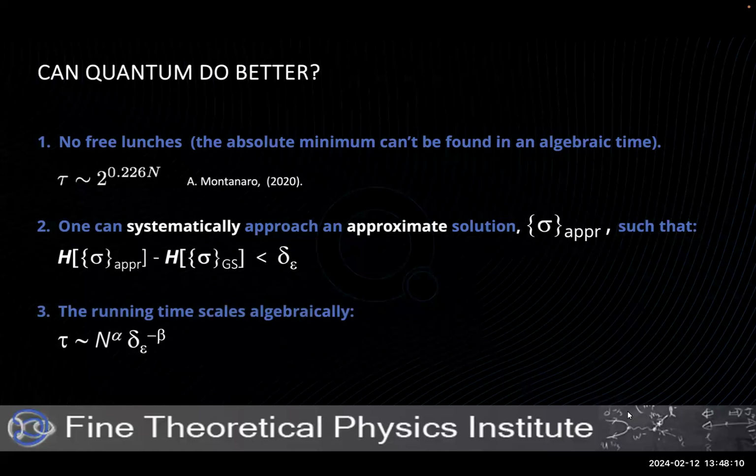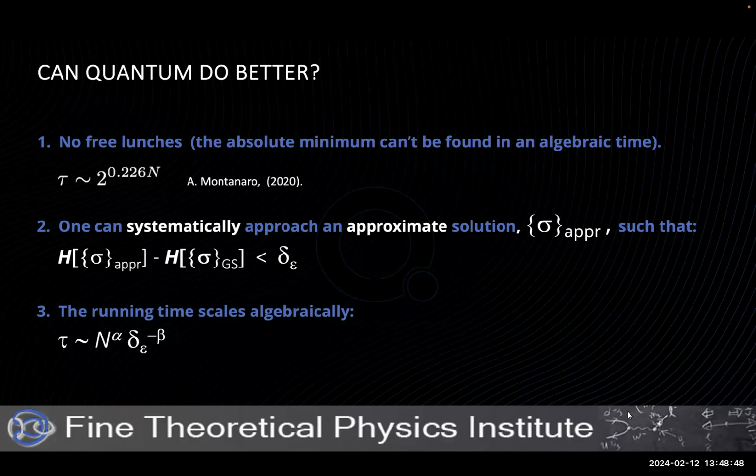Okay, so if you're slightly more modest, then what you can show is that your running time to approximately solve this problem scales algebraically with both system size and precision you require. That statement is true for both classical computation and quantum computation. So now the question is whether quantum exponents can be more favorable to us than classical exponents.